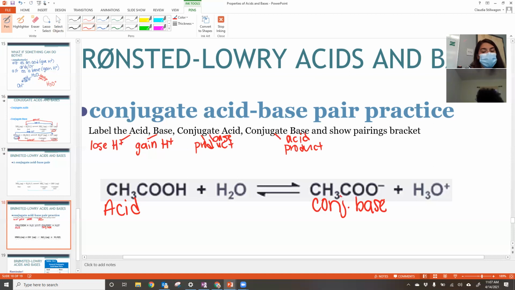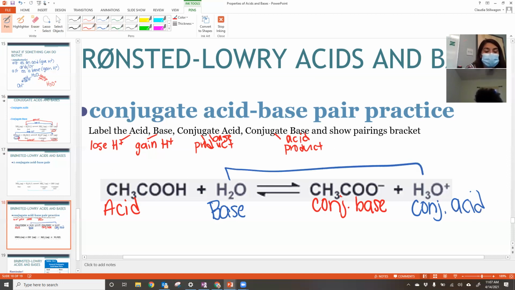H2O became H3O, so it gained hydrogen, making this your base, this your conjugate acid. We show our pairing with the little brackets. Any questions about that first one? Okay.